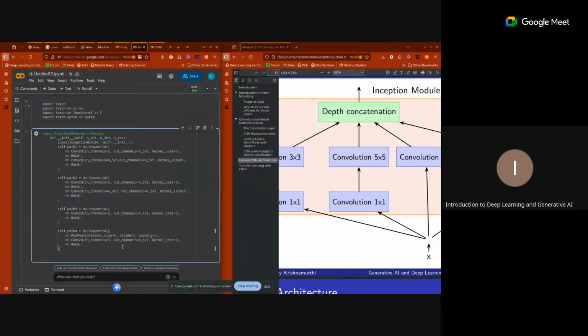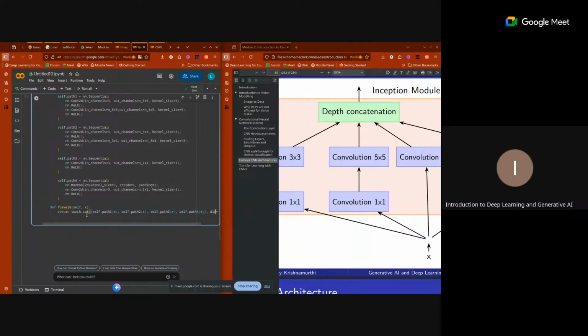That is fine, so we have 4 parts. We'll initialize everything in this one, then go to the forward part. We have to define this one, where we do concatenation along this one, so all these things we concatenate.